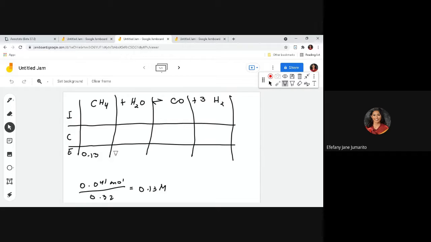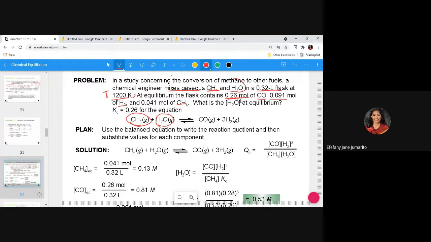Now, what else is given? CO. What is CO? CO is equal to 0.26 molar.